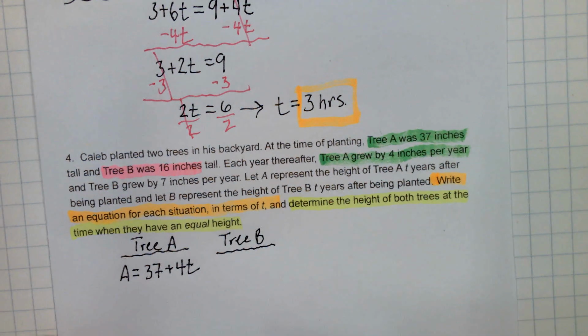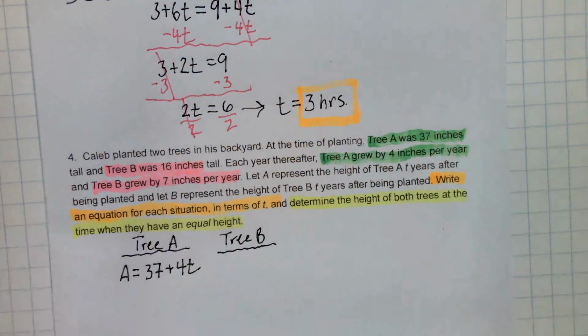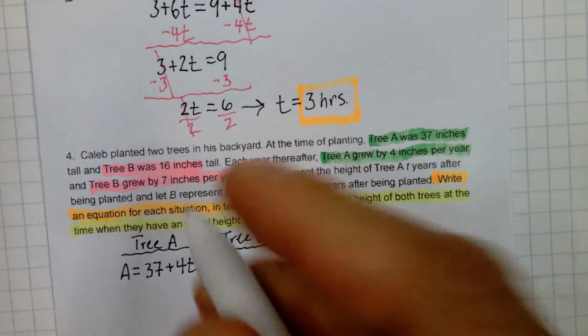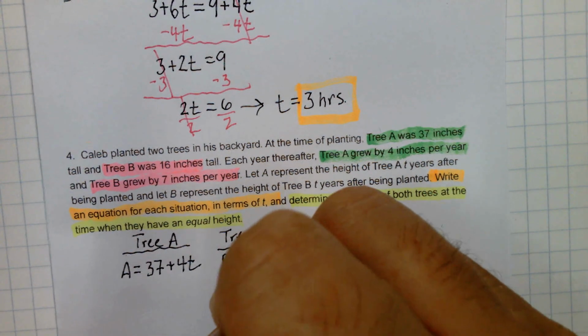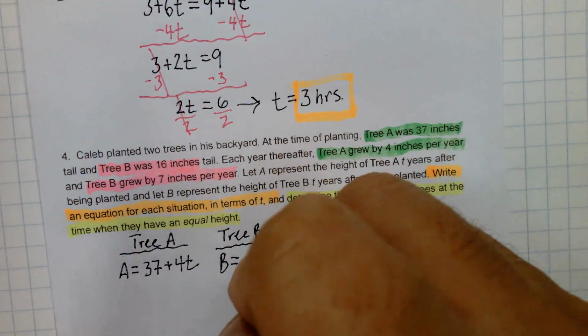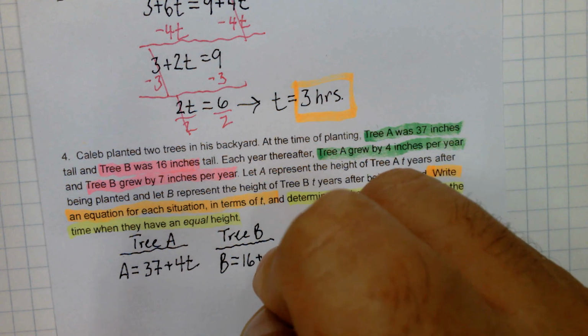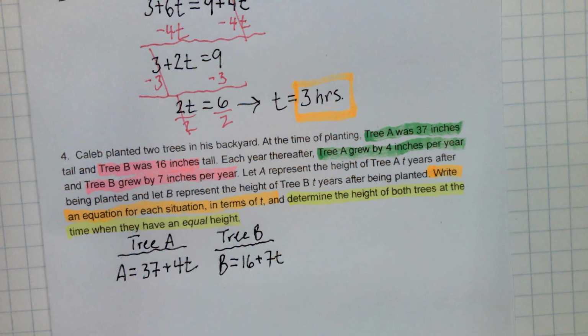And then the rate of growth was faster, though, 7 inches per year. So that's the information we need for B. So the height of tree B is 16 plus 7t. Okay.